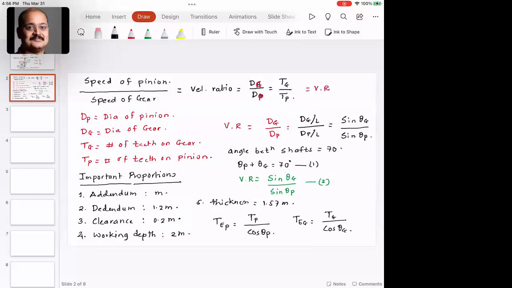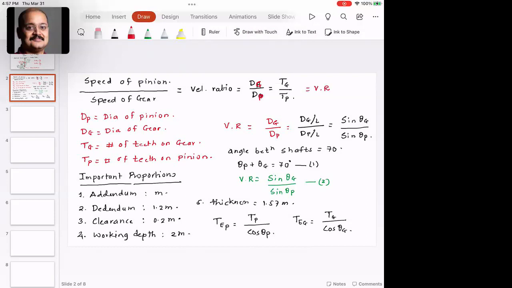So in the case of bevel gear, there is something called Tredgold's approximation. Tredgold's approximation is a geometric technique of mapping a three-dimensional bevel gear into an equivalent two-dimensional spur gear. So I will write this down.